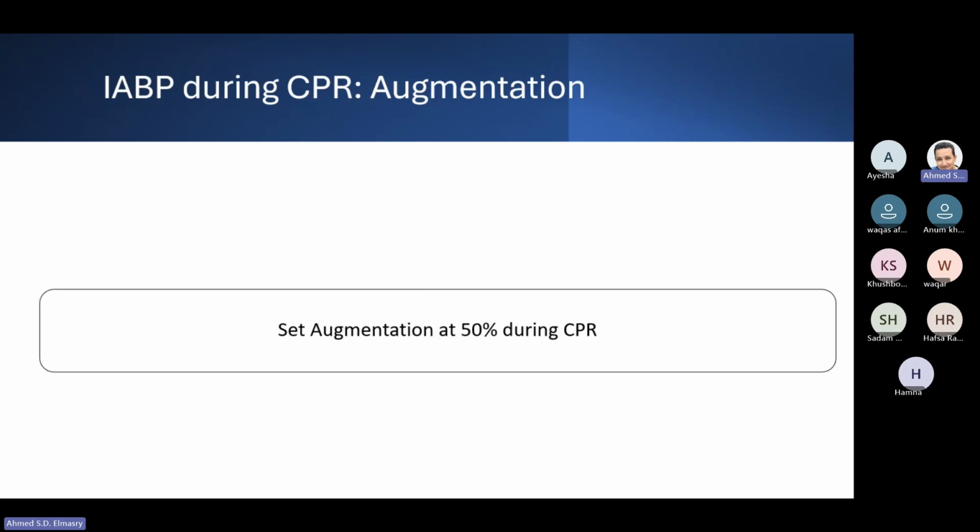And also one of the recommendations for the intra-aortic balloon during CPR is to set the augmentation down to 50% during the CPR. I'm not sure about the exact cause for this recommendation, but this was the recommendation by many publications.